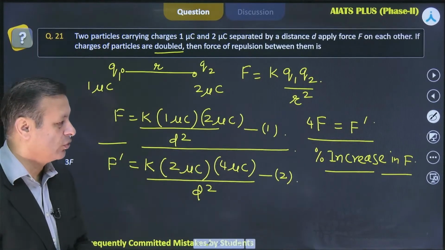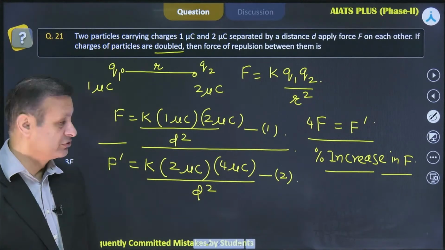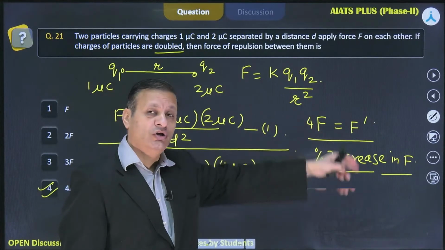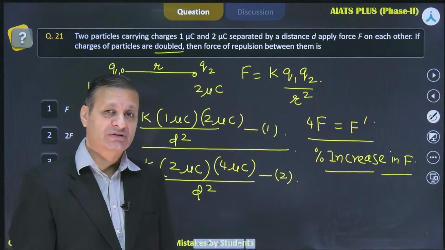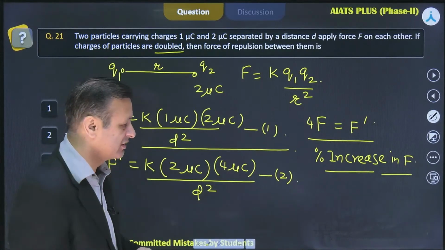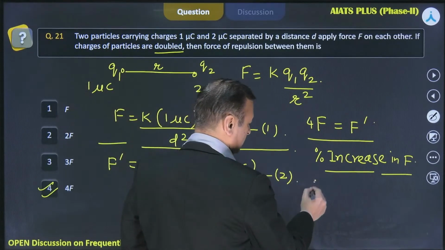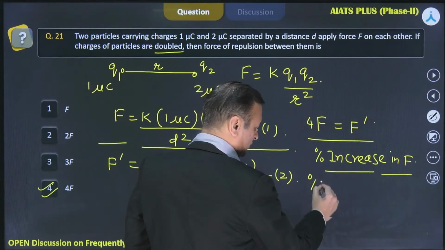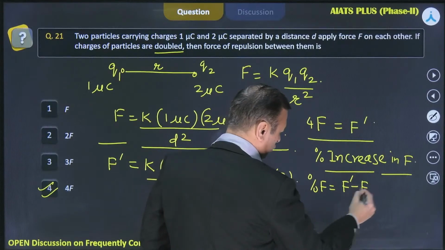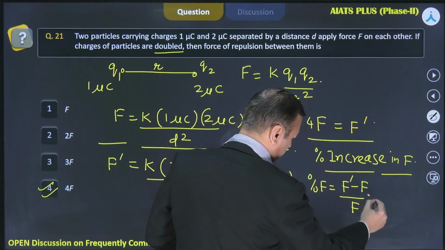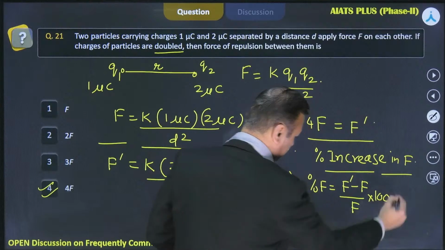We know the new force after doubling the charges will become 4 times. But what is the percentage increase? So whenever it is percentage increase in force, we always keep it like this: the change in force by original force into 100.